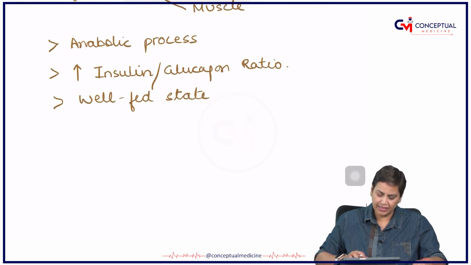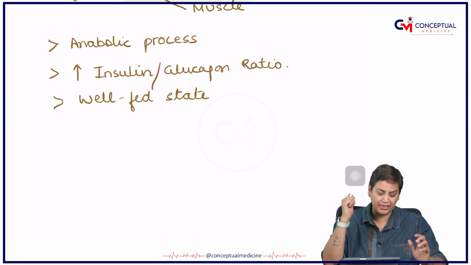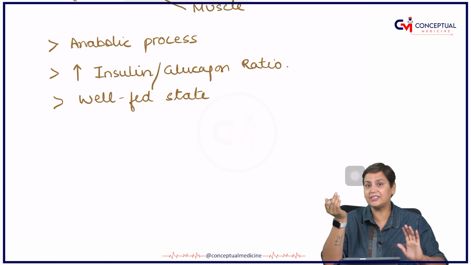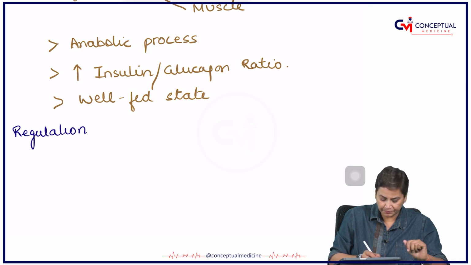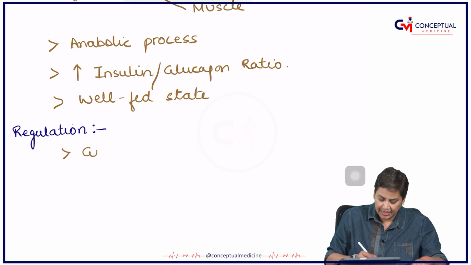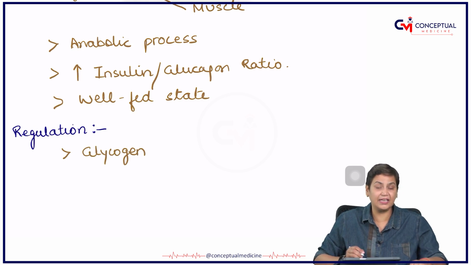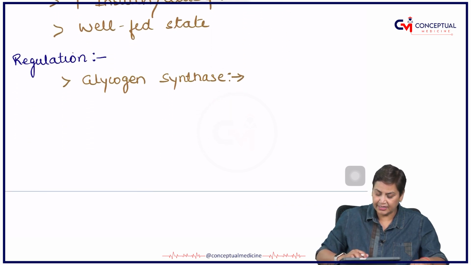Now, the question is, what is the regulation of glycogenesis, or how is glycogenesis regulated? So always remember, if we talk about regulation, the rate limiting enzyme of glycogenesis is glycogen synthase. It is not synthetase, it is synthase. Glycogen synthase is the rate limiting enzyme.